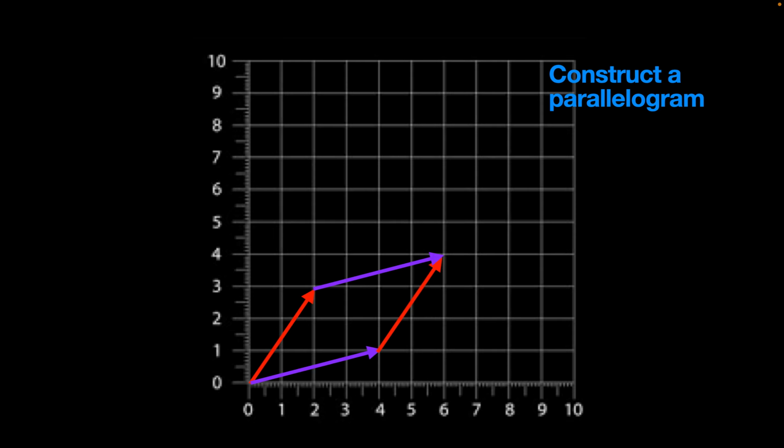And what might be worth thinking about is if there are any cases of two vectors where we couldn't construct a parallelogram. Or perhaps there's a case where we would construct a square or a rectangle with our two vectors, right? Which are cases of parallelograms, but are kind of a special case. So something to think about going forward.